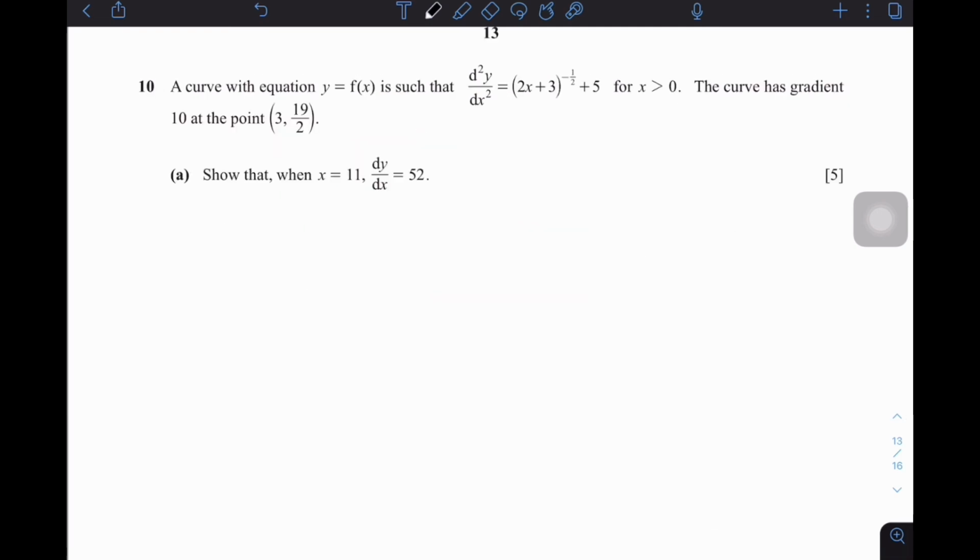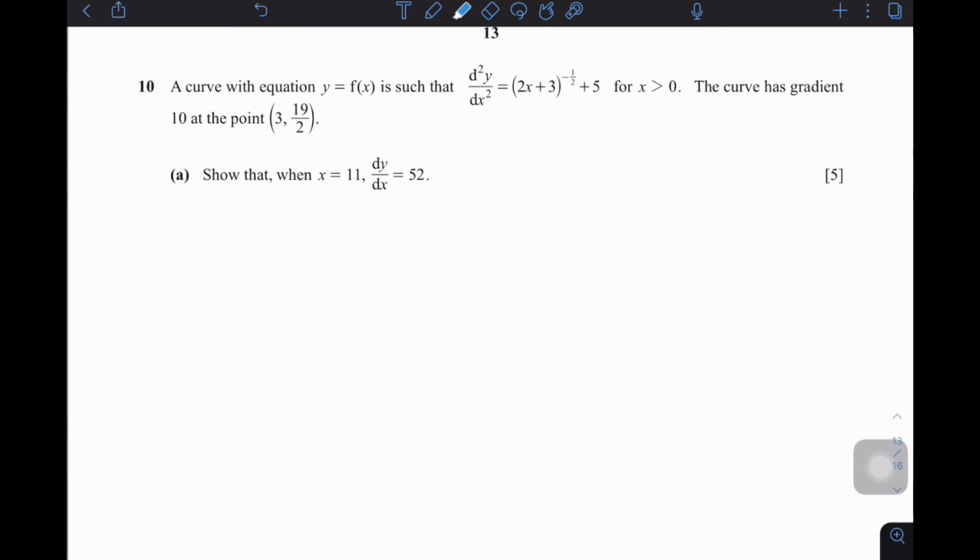For question number 10, the curve with equation y equals f of x is such that, this one given, the curve has gradient 10 at the point. Show that when x equals 11, dy dx equals 52. If you want to change from double derivatives to single derivatives, you must do integration.